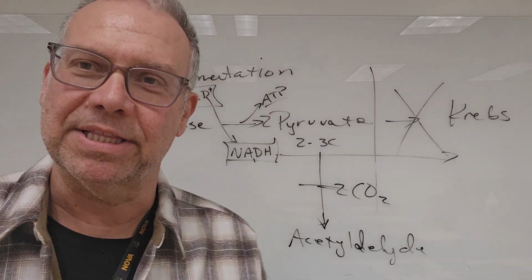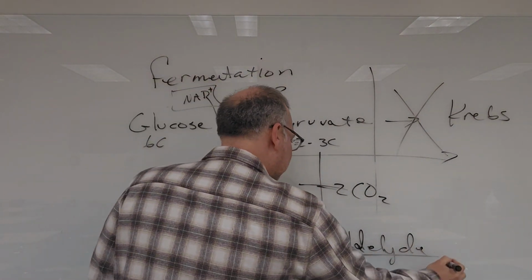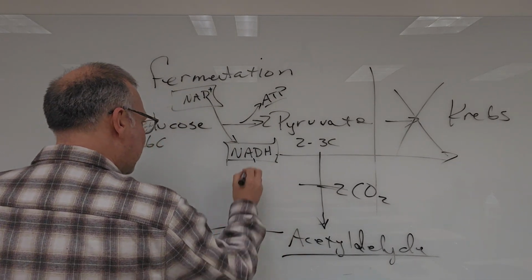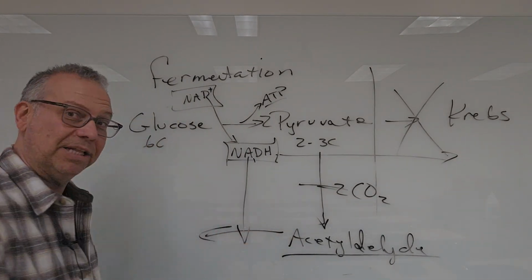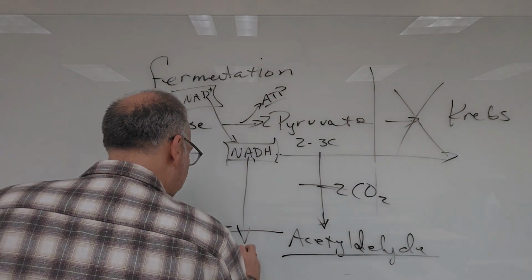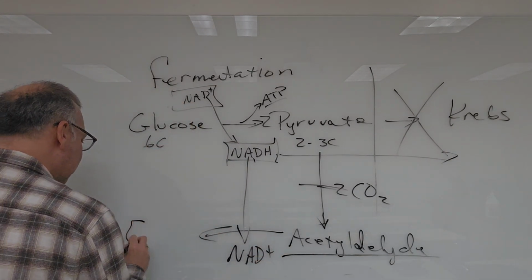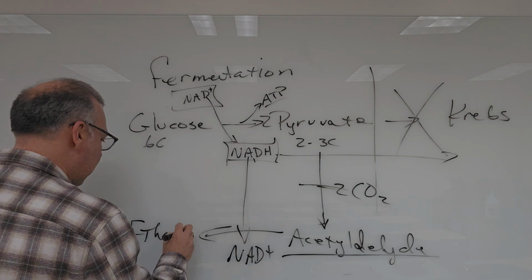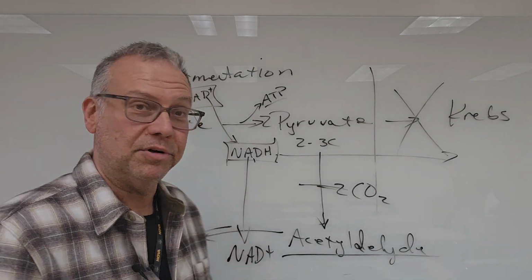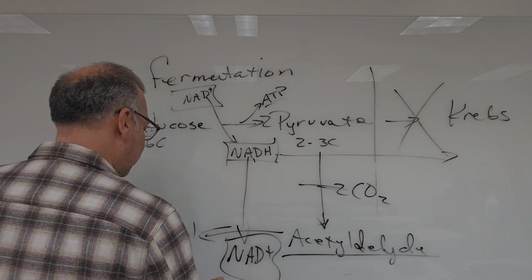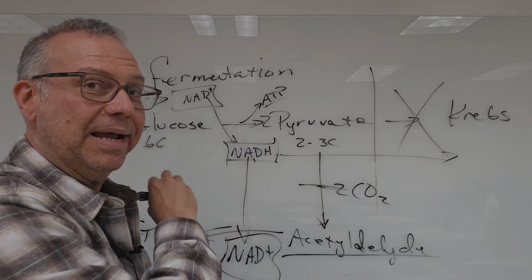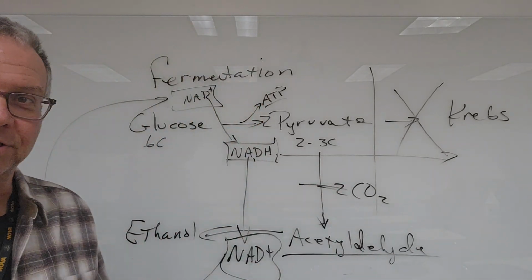It's hard to spell and talk at the same time. Acetaldehyde, what we're going to do then, take the acetaldehyde, react it directly with the NADH to make a molecule of NAD+, producing ethanol.